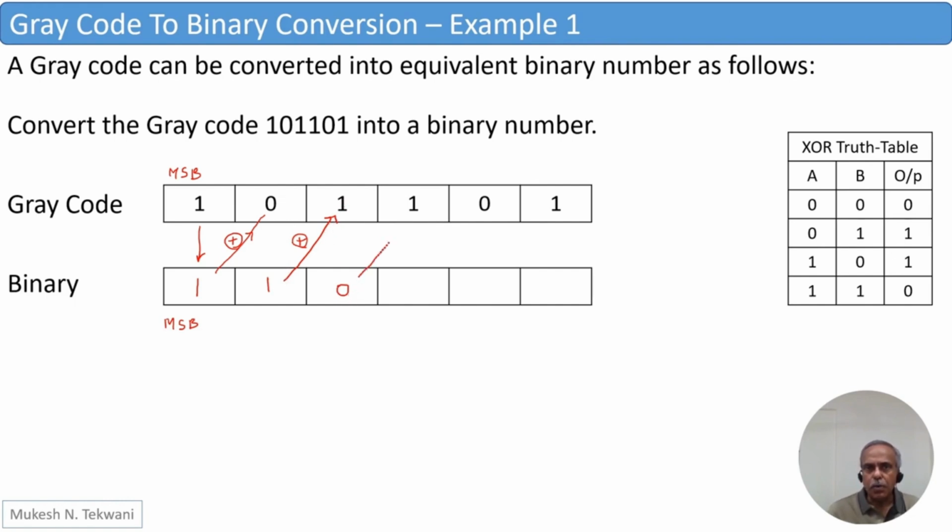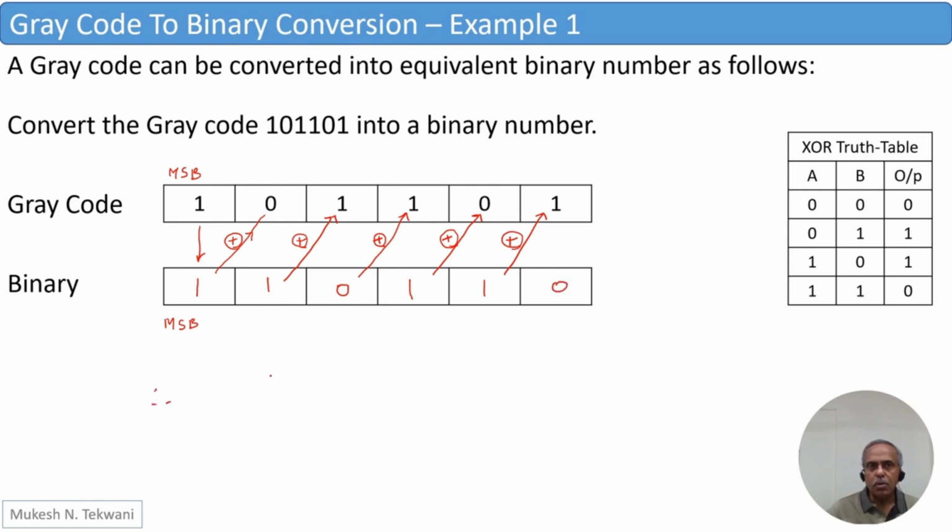Again, 0 XOR with 1 will give us 1. This 1 XOR with 0 will give us 1. And here 1 XORed with 1, since both bits are identical, this will give us 0.